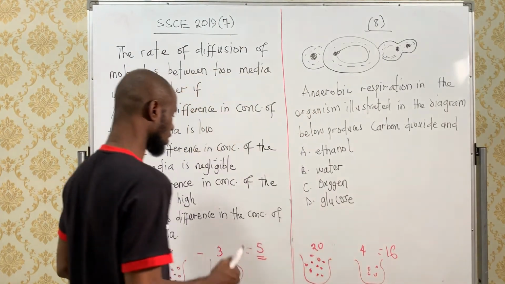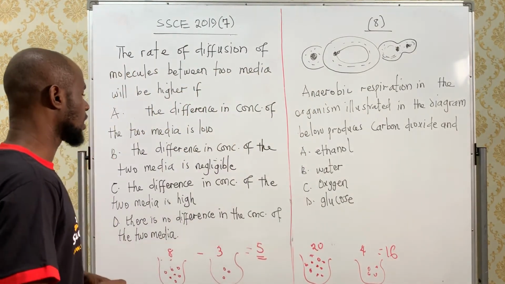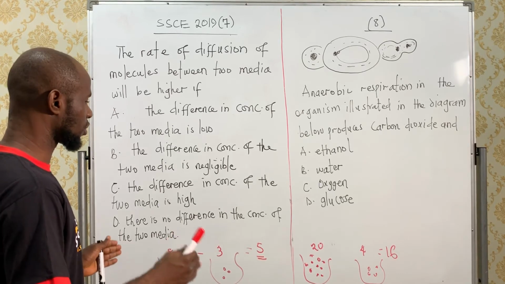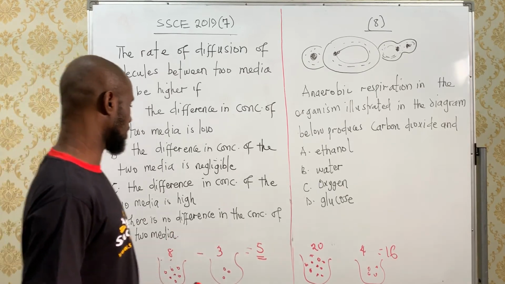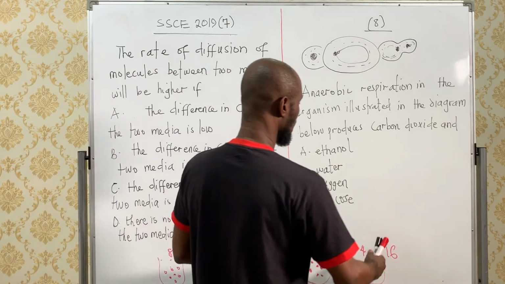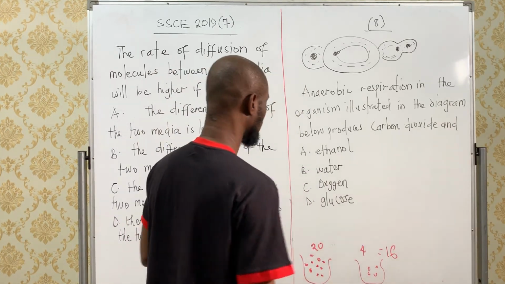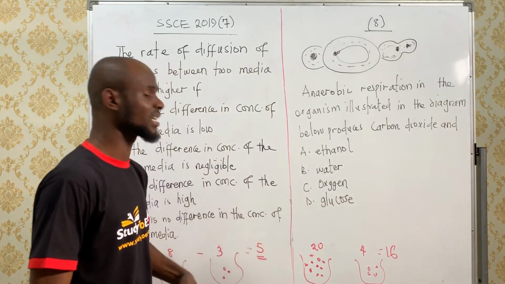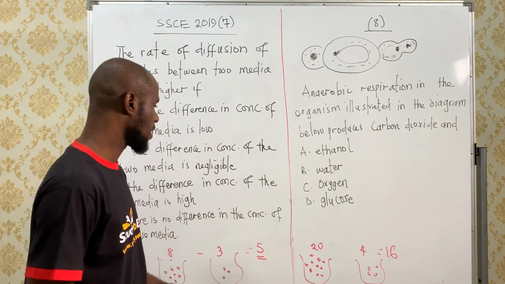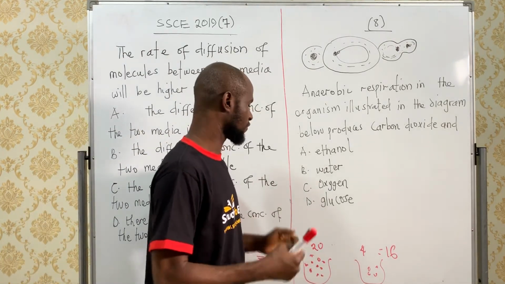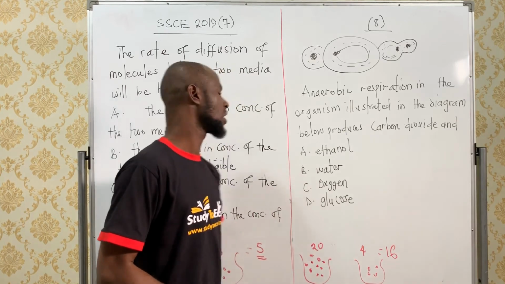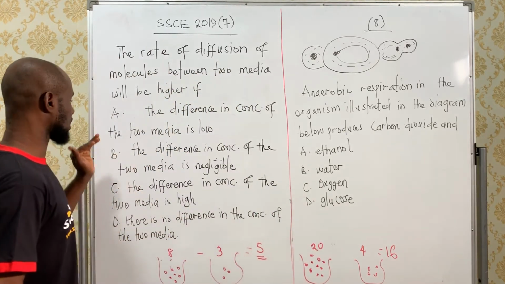So we're talking about where the rate of diffusion will be faster. Whenever the difference between the concentration of A and B is higher, the rate of diffusion is higher. The molecules tend to move faster because of the much difference between A and B. Let's look at our options.